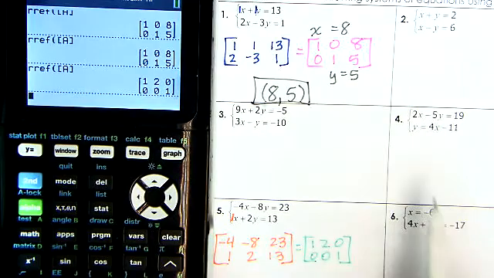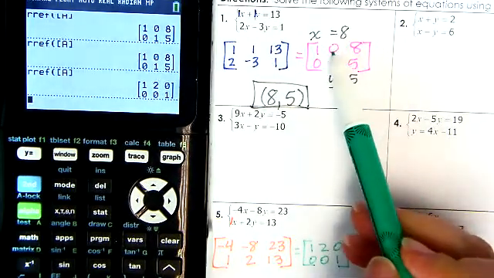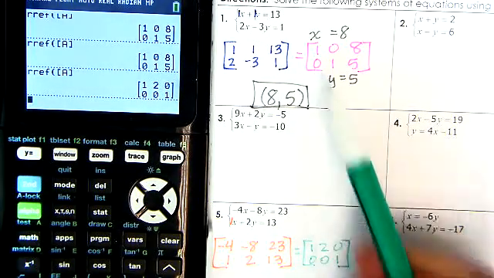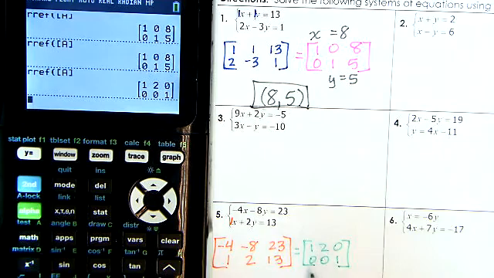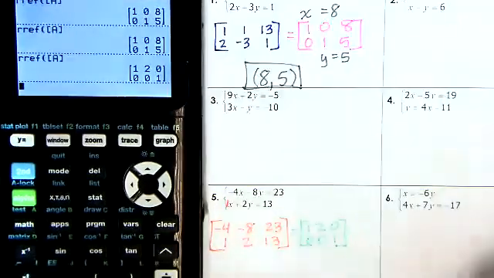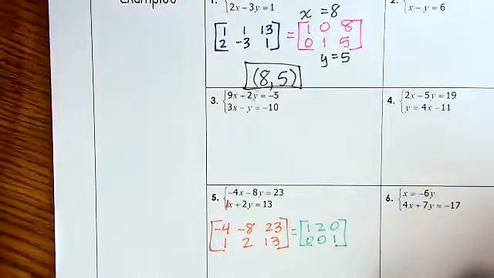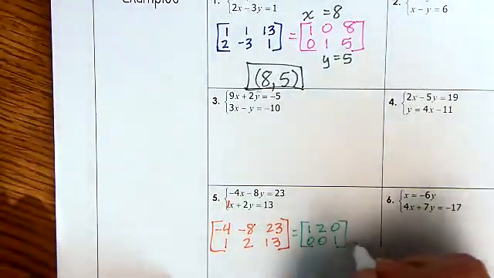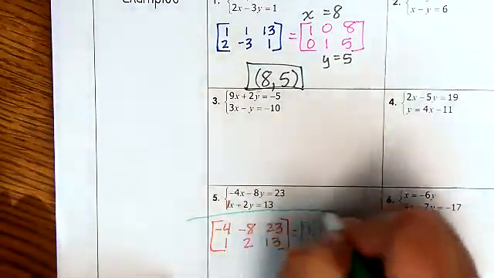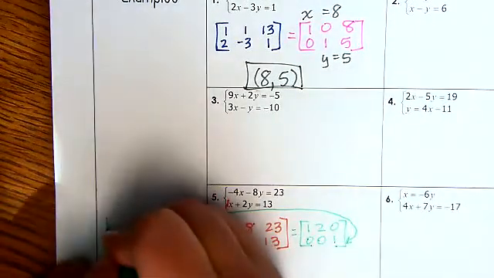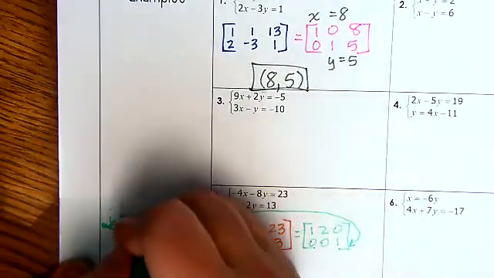Well, wait a minute. The one up here had a 0 in the Y spot and then a 0 in the X spot. This has got a 2 here and the bottom is 0, 0, 1. These are all different. Since the bottom is all different, this is no solution. Okay. So we're going to write a little note here.